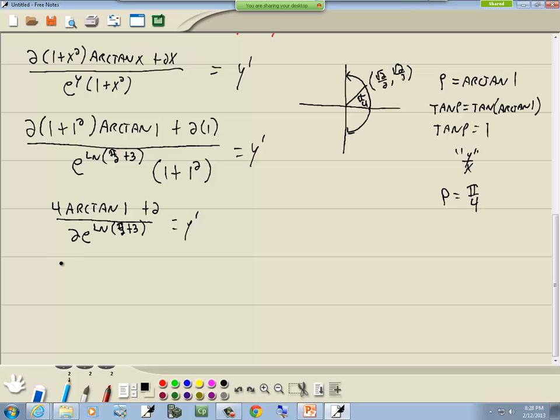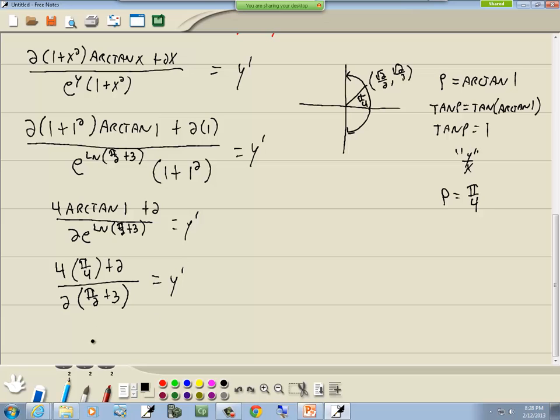So back over to here, this becomes 4 times pi over 4 plus 2. And then we got 2 here. Now, the e and the natural log, if you remember those from college algebra, cancel away. And that gives us pi over 2 plus 3. That's y prime.